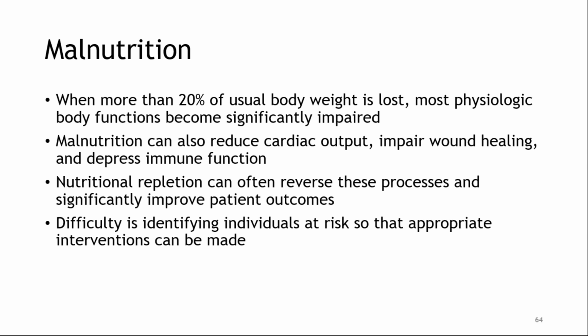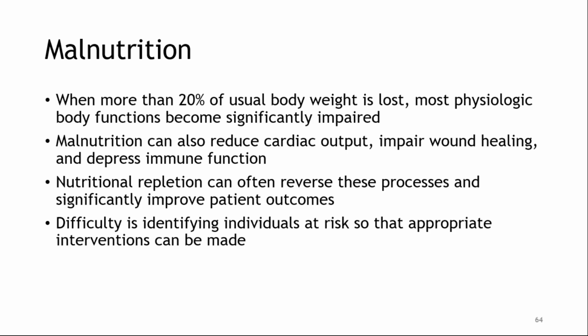When more than 20% of the usual body weight is lost, your body functions become significantly impaired, and malnutrition can reduce cardiac output, impair wound healing, and depress the immune function. Nutritional repletion can often reverse these processes, and there is difficulty in identifying individuals at risk.